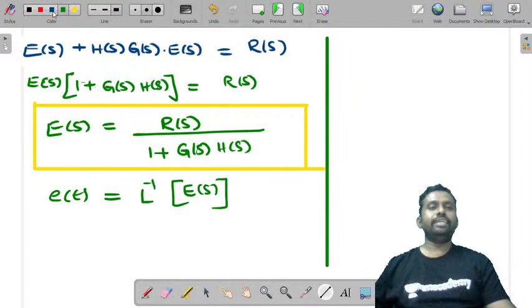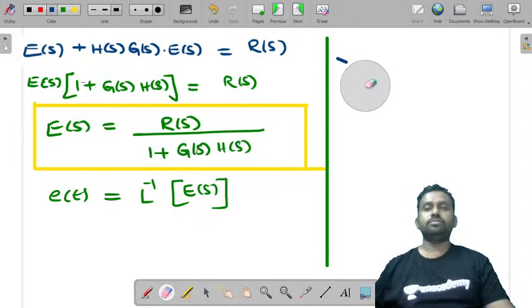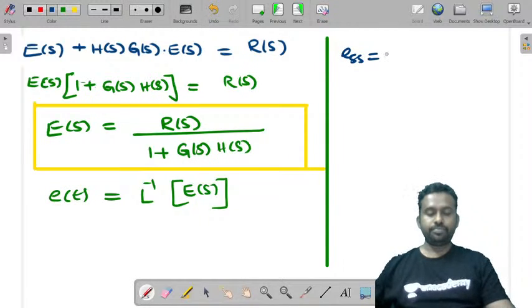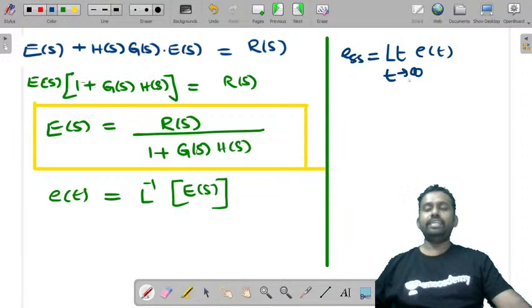The steady state error ESS is equal to limit t tends to infinity E of t. This is what is error, right? E of t at t tends to infinity.